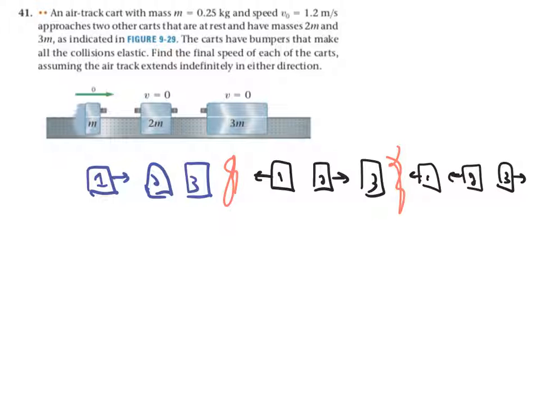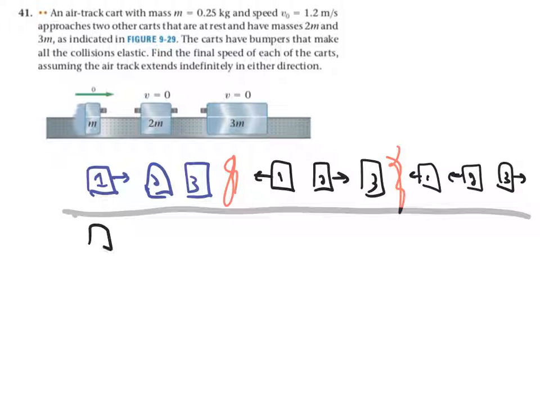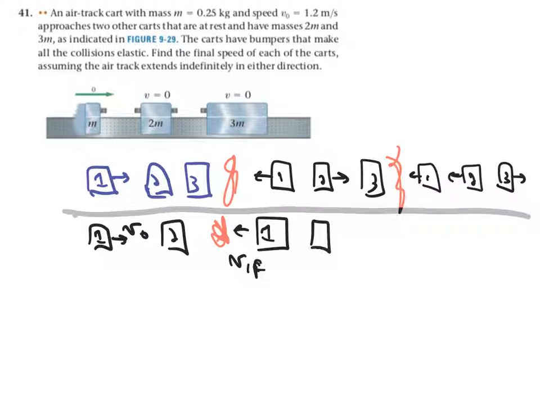And we're going to treat each collision separately. So I'm going to go back and redraw. I have cart 1 coming in with V0, hitting cart 2 that's at rest, and then something happens, and this becomes V1F, and this becomes V2F.